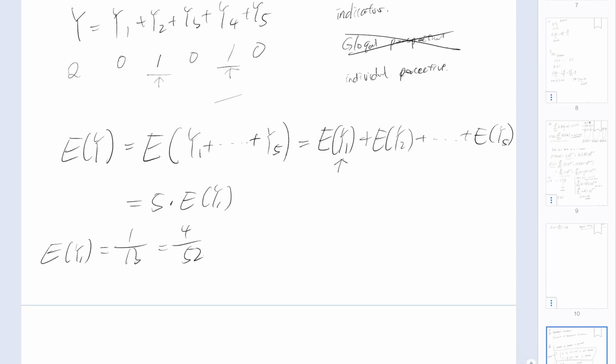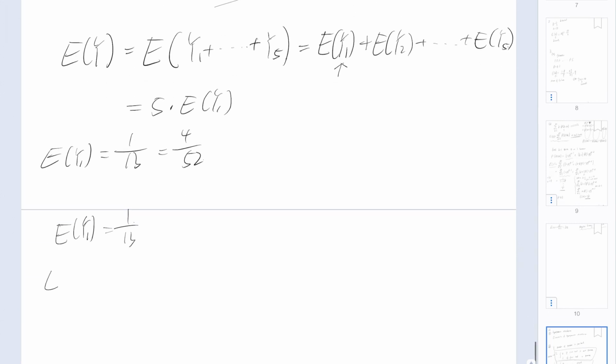And the reason why the expected value of y1 is 1/13 is because, remember, what is the expected value of a random variable? It's a summation of all possibilities times the probability of that possibility.